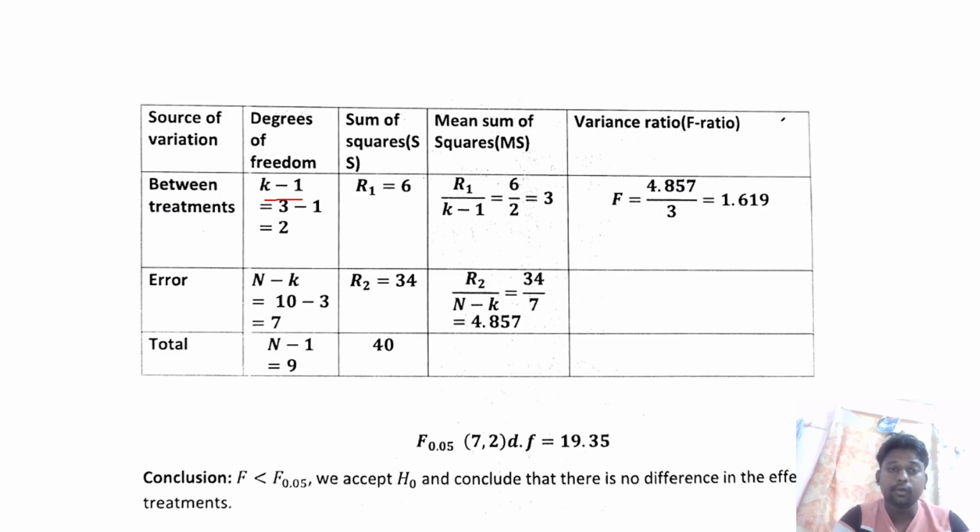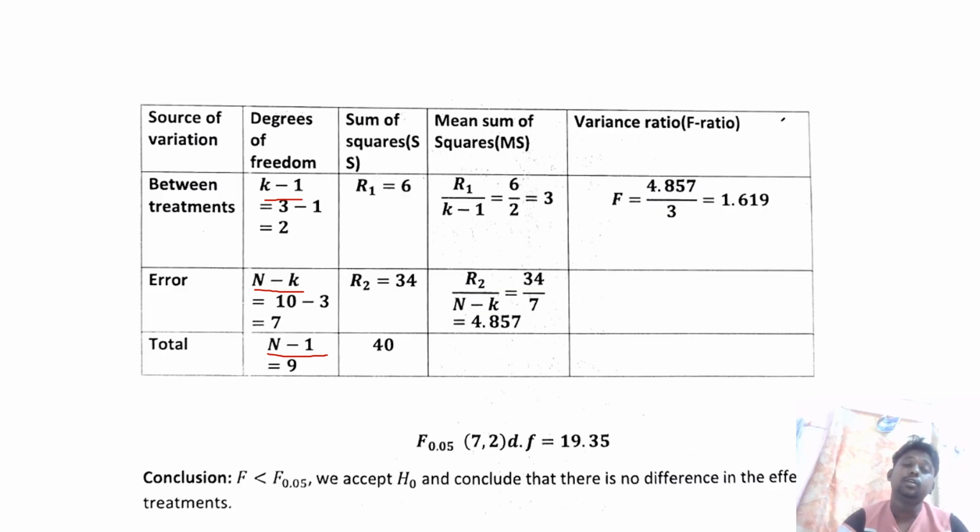For errors, the formula is n minus k. N is the total number of samples minus the number of treatments, so 10 minus 3 is equal to 7. For total, the degree of freedom is n minus 1, so we get 10 minus 1, which is 9.